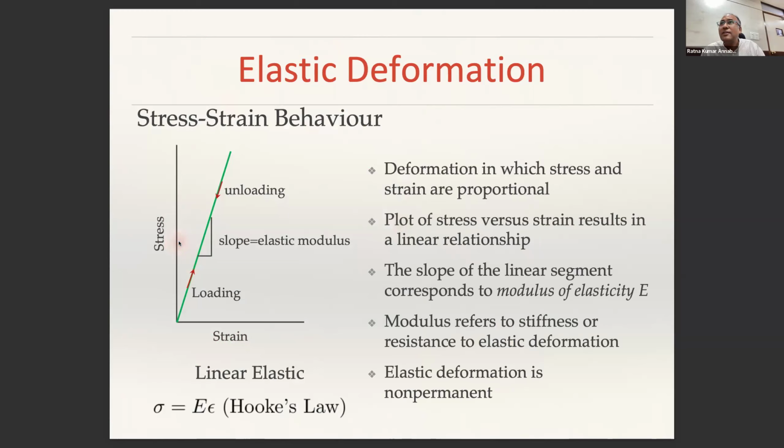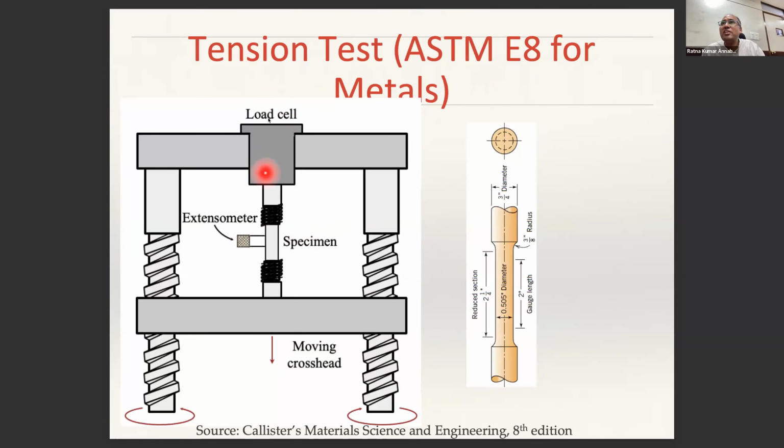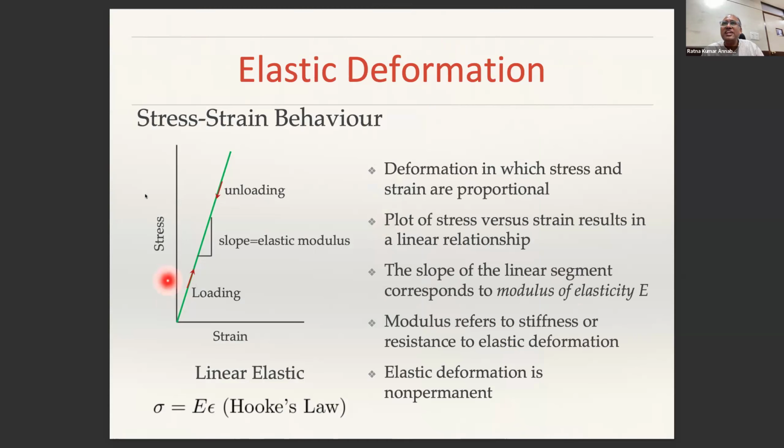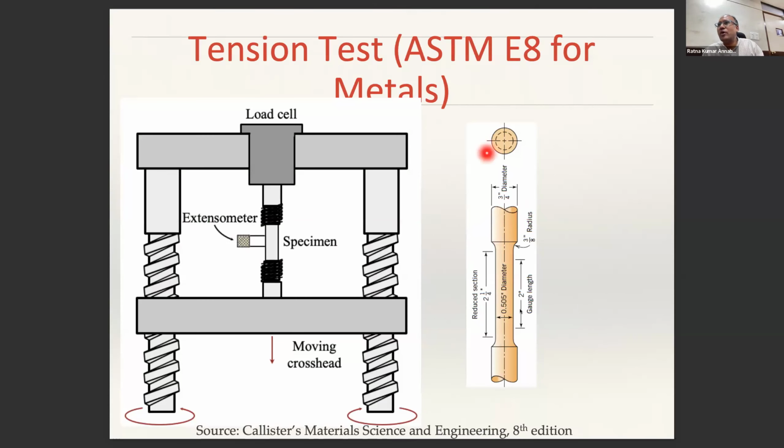What is it that we are measuring? Through the load cell, we are only measuring the load, right? For each change in displacement, we are measuring the load, but that load divided by the gauge section cross-sectional area is what is written as engineering stress. And as the material is deforming, the cross-sectional area changes.